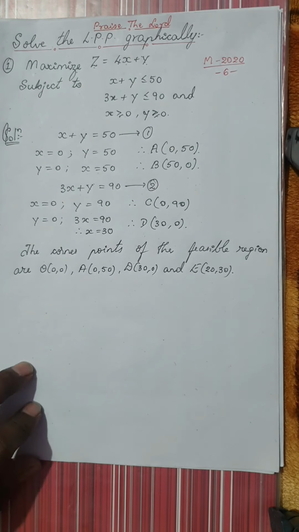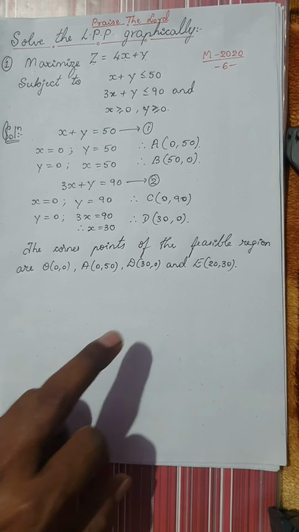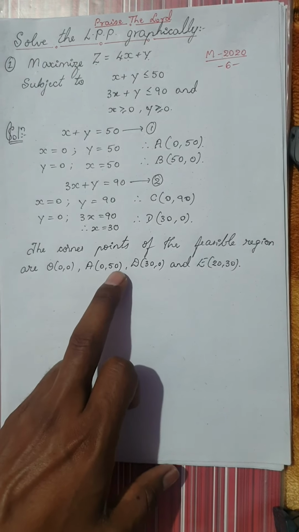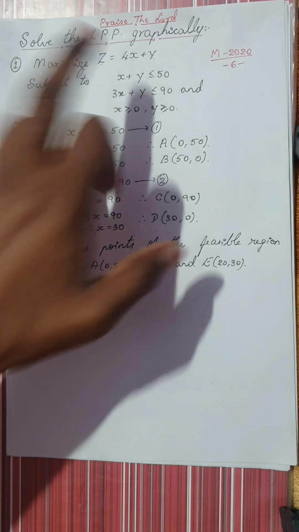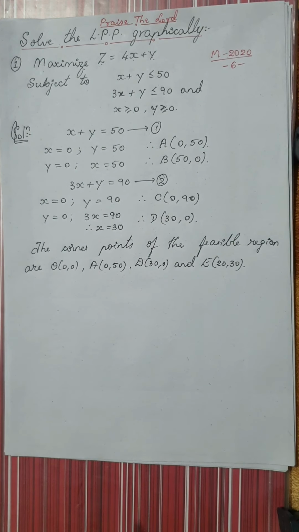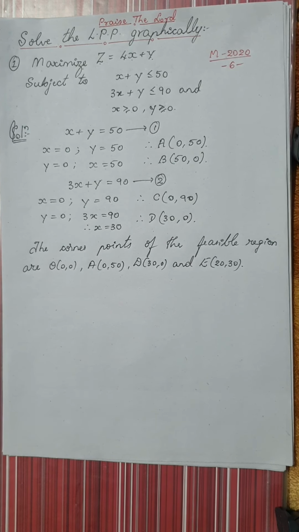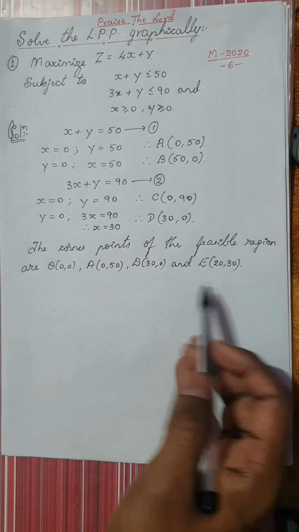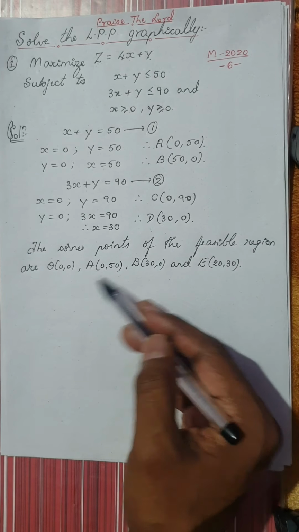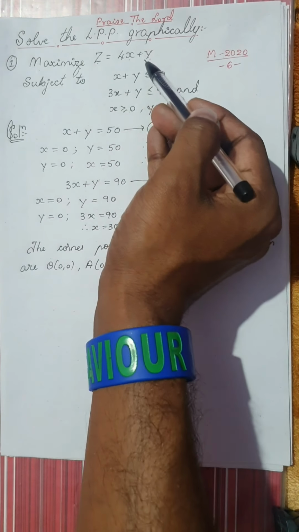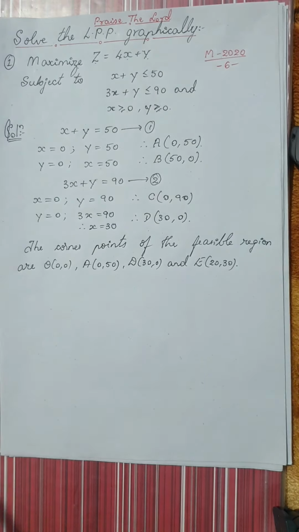Okay, now once you have done this, we will see what happens at these points for the objective function. Until this point you have nothing to do with your objective function. Once you have finished identifying the corner points, you have to substitute these points into the objective function and see what happens.